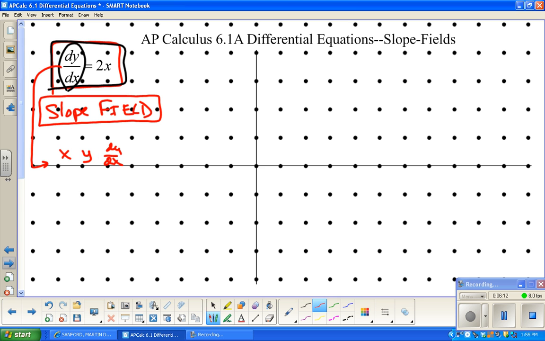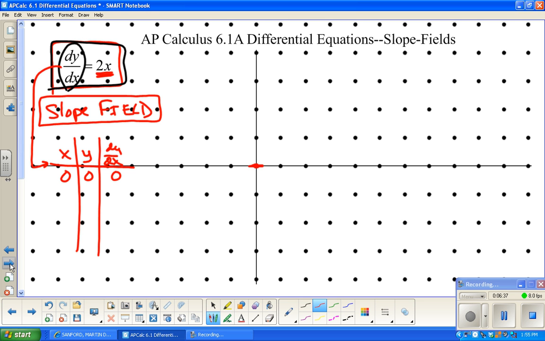I'm going to do just a quick little table, and as we're doing this, we'll graph things. When I put the ordered pair 0, 0 in, I put x for x and y for y. Well, there's nowhere to put a y, so I'm just going to say 2 times x, 2 times 0 is 0. So that means the slope at this point is 0. And notice what I'm doing is a tiny little mini slope.